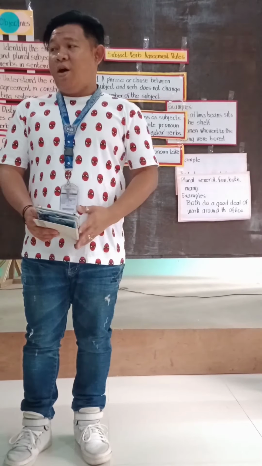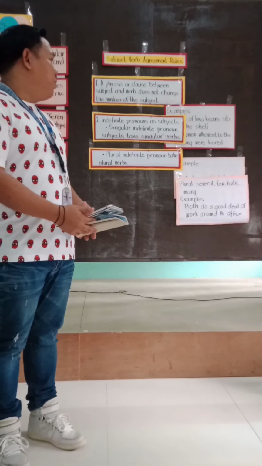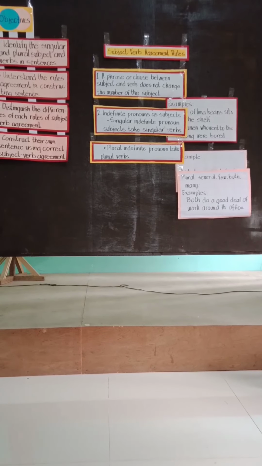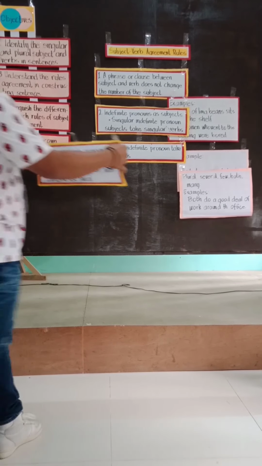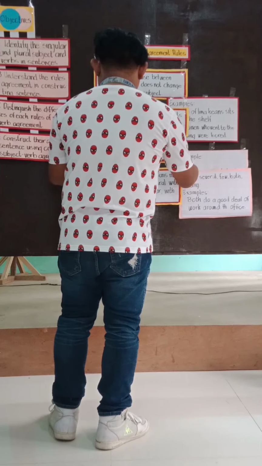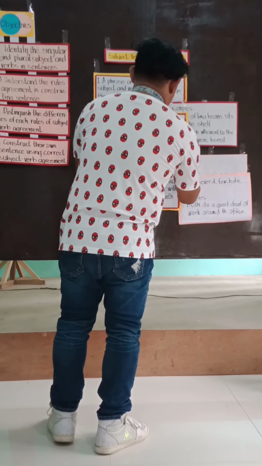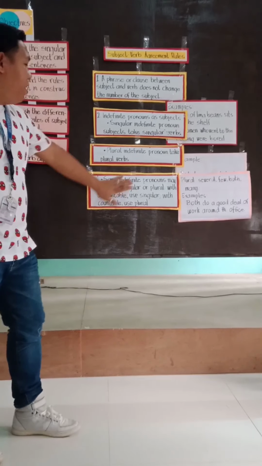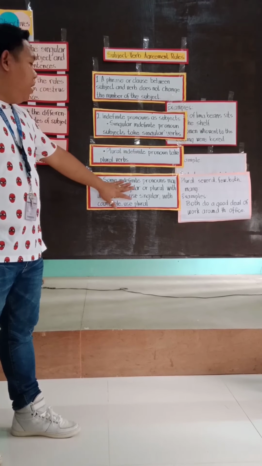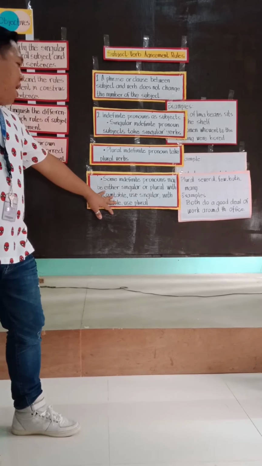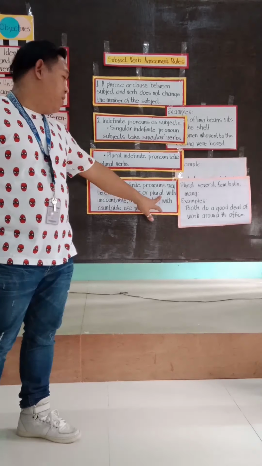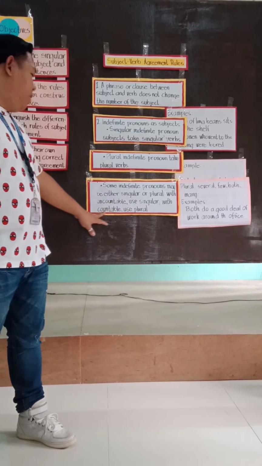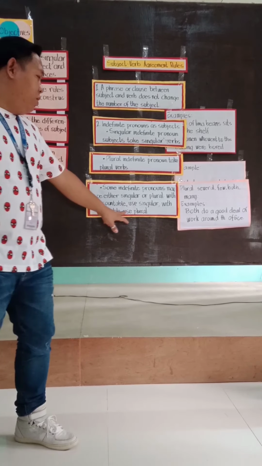Now let's go to the third part of the indefinite pronoun as a subject. The third part is the indefinite pronoun that may be either singular or plural, with the uncountable use of singular and the countable use of plural.